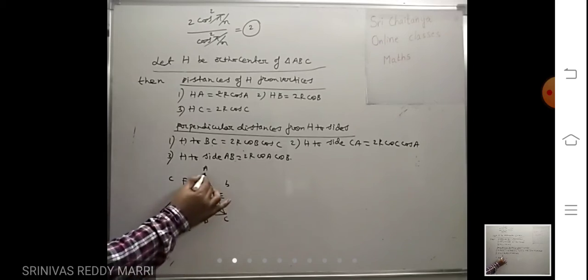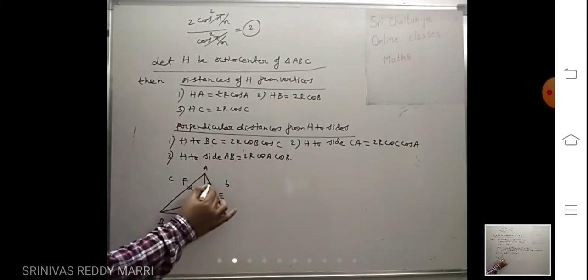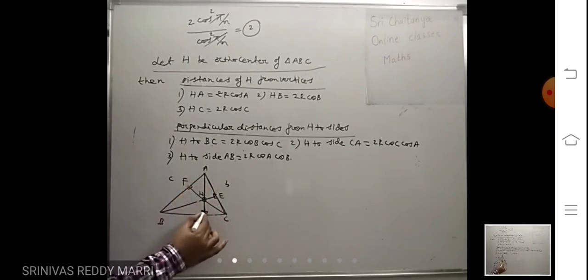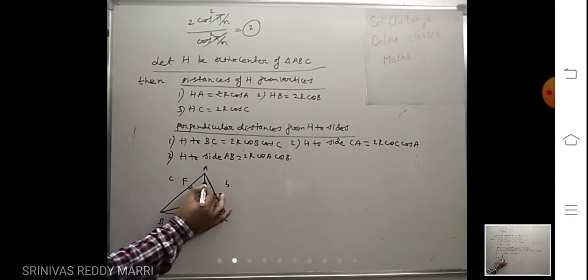Now look at the triangle ADC. Triangle ADC is a right angle triangle. This angle is angle C. This angle is 90 degree. The third angle I want to write.